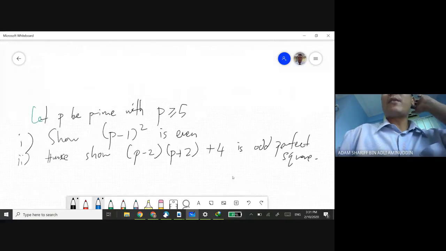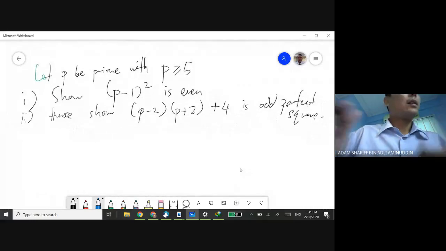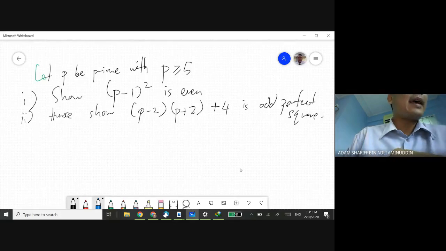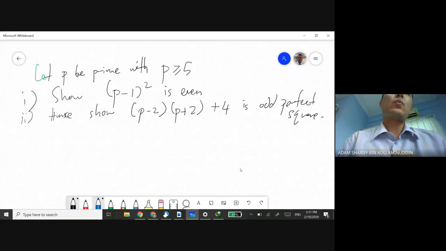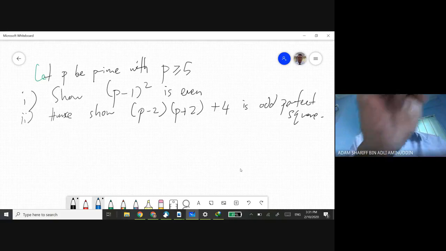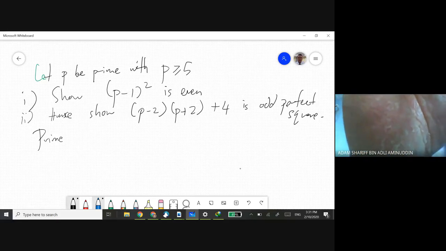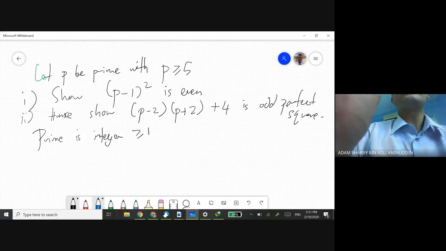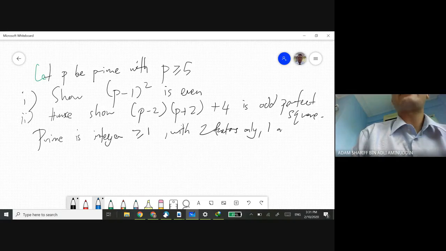Okay, the actual question from him is that the form of prime number is either 6n plus 1 or 6n minus 1. Okay, in my opinion, a prime number that I understand is that prime is integer larger than 1 with 2 factors only, 1 and itself.